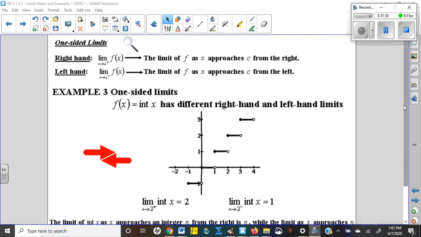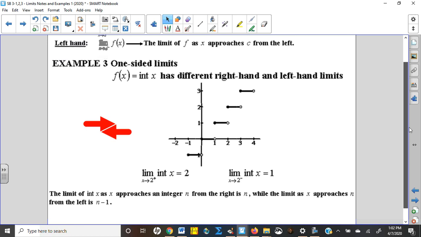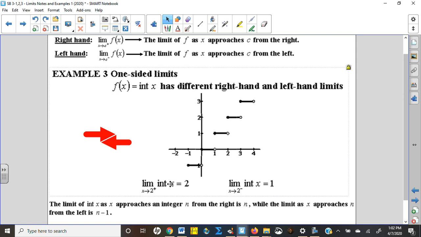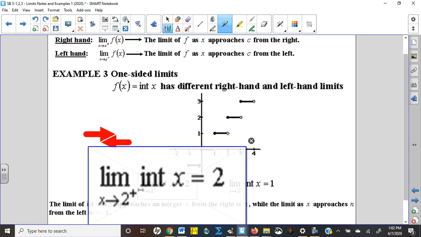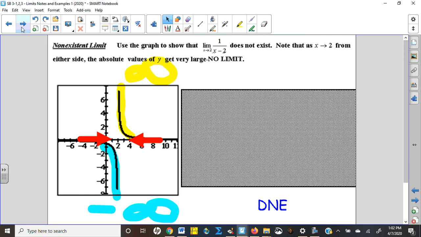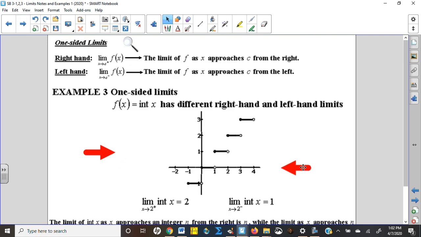The first one asks what the limit is as we approach 2 from, it looks like, the right. Okay, so you can see right here, if I blow this up, we're coming in from the right. 2 plus means from the right, so we're moving towards 2 from the right.